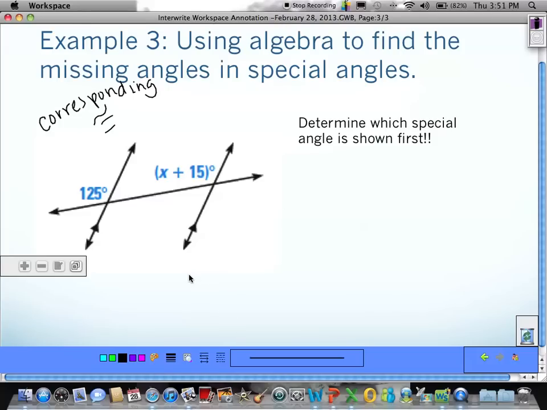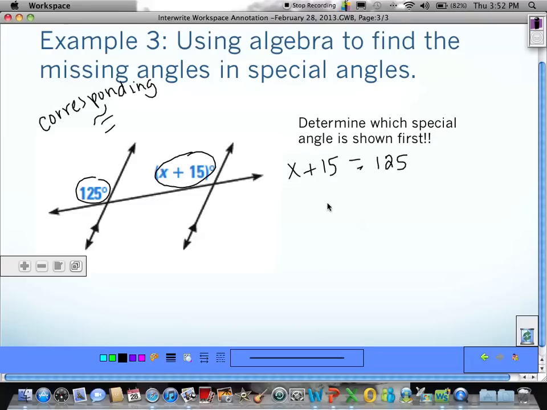That means they are going to equal the same number. So again, I am going to write an equation. I know that this angle here, x plus 15, equals this angle here because they're congruent. So equals 125. Now I have a one-step equation.